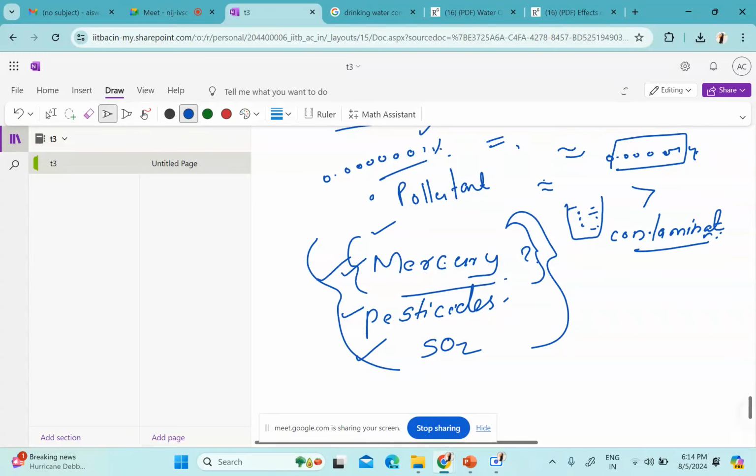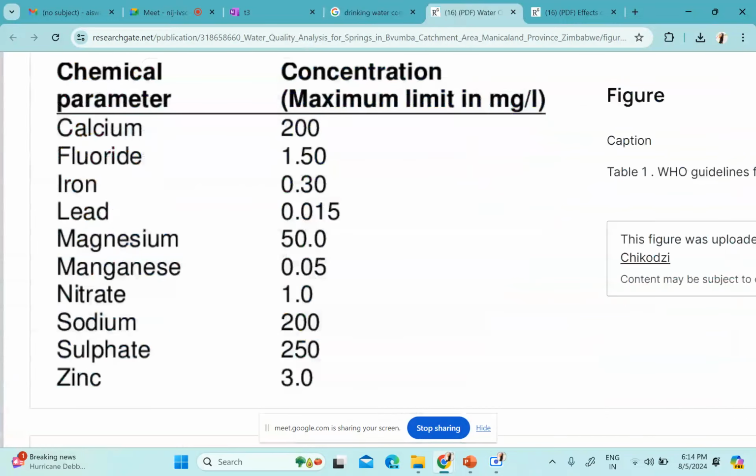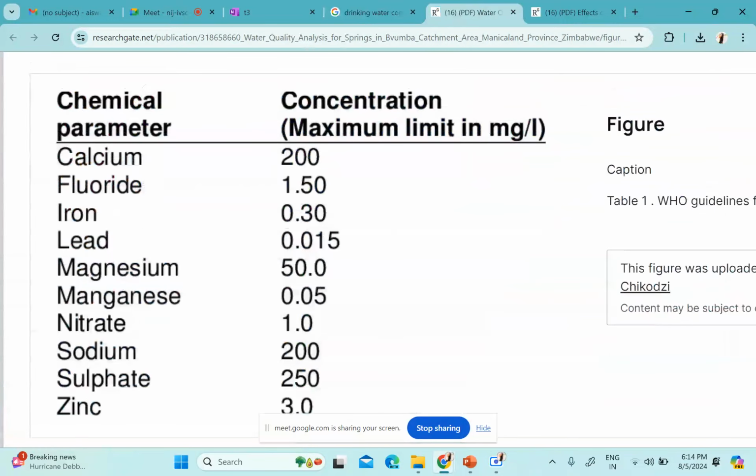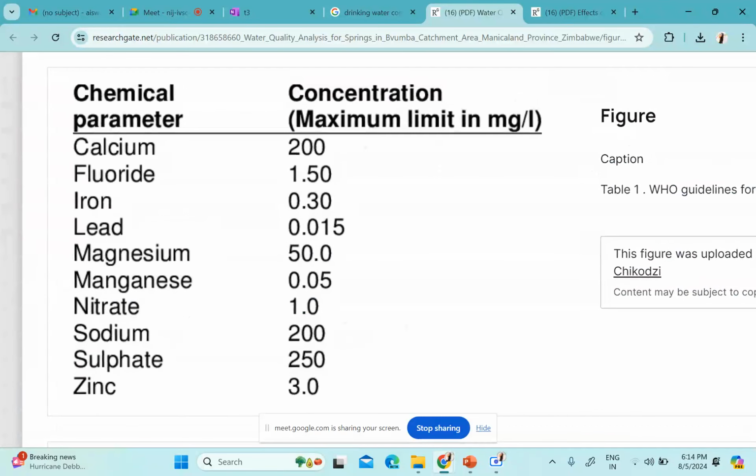And you asked in the previous class also, we are making a synthetic wastewater. Yes, see, this is the normal WHO permitted limit of the chemicals.